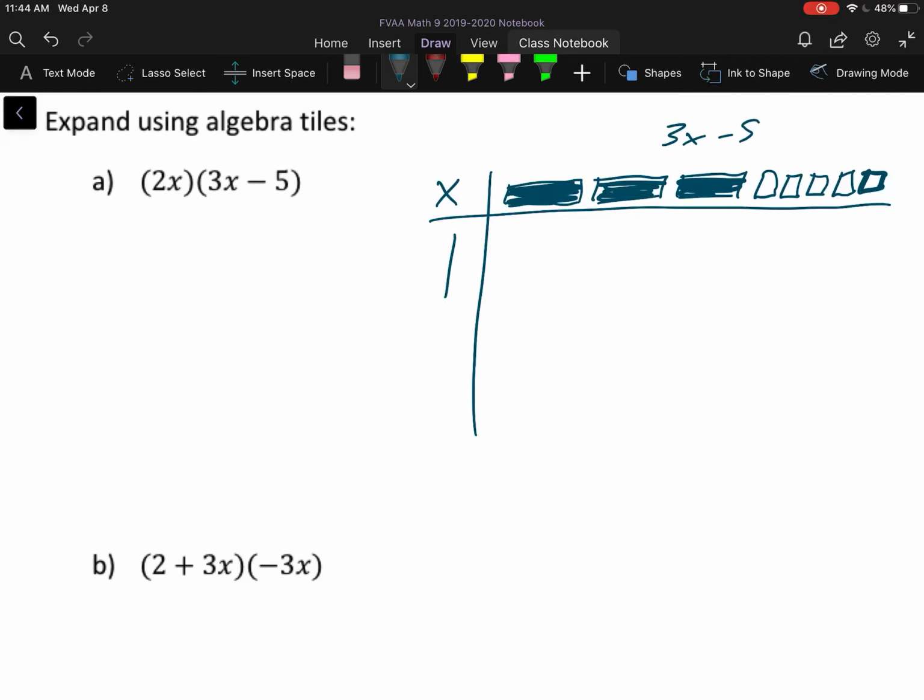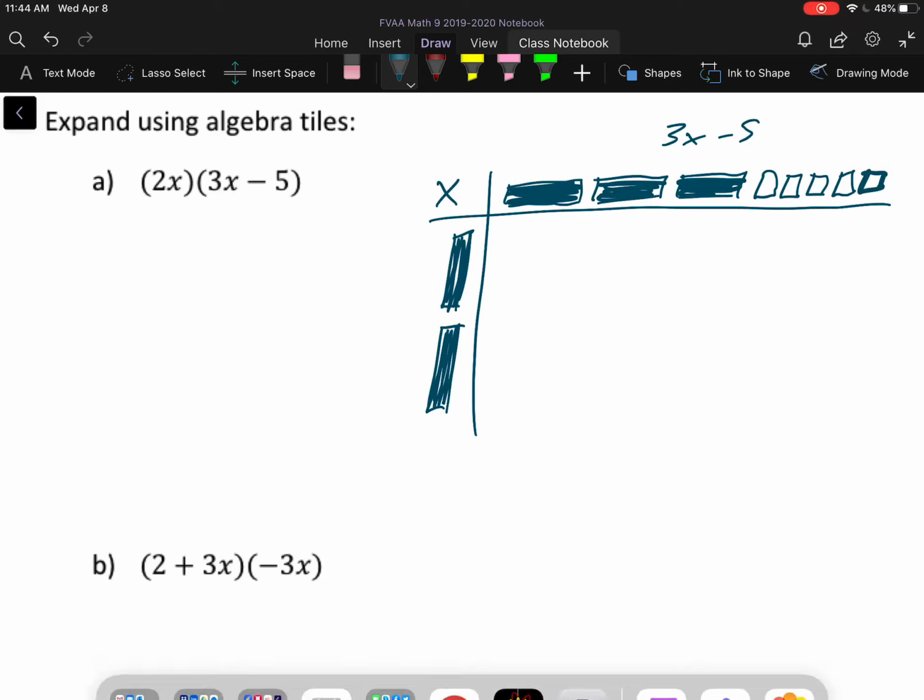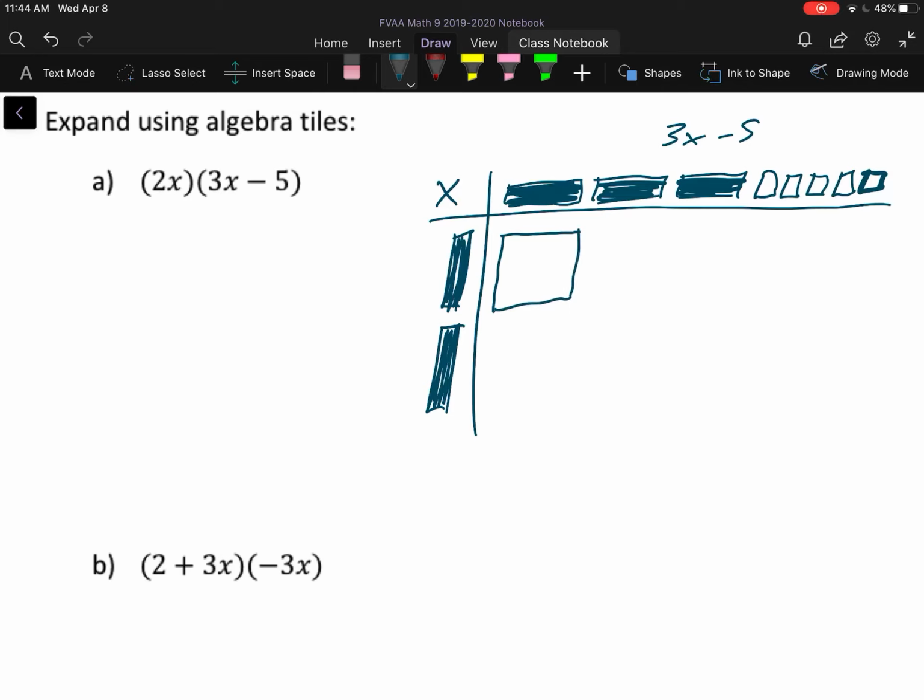And then I have 2x on the side. All right. So these are my factors. Okay, now I'm going to draw the boxes inside using the width of the tile on the top and the length of the tile on the side, and then I complete my shape. Same thing here.